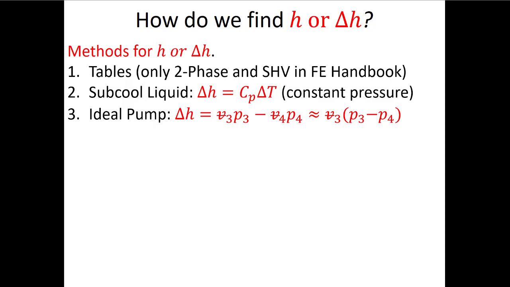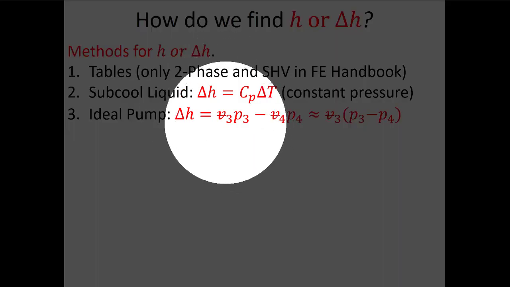First, we have to remember that H is equal to U plus PV. And then second, we see from a second law analysis of an ideal pump that it's not unreasonable to assume that the temperature change across an ideal pump is zero. And if the temperature change is zero, we assume that delta U becomes zero. So then delta H in this case is really driven by this change in the pressure.